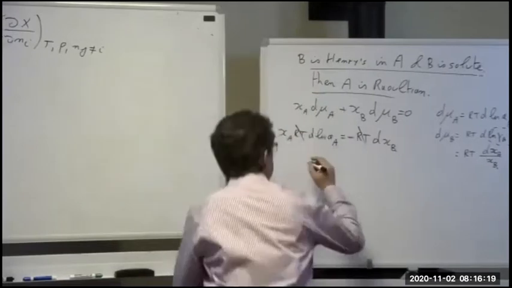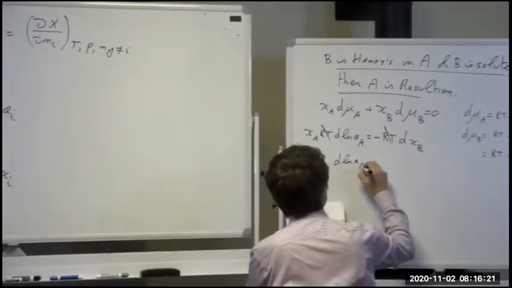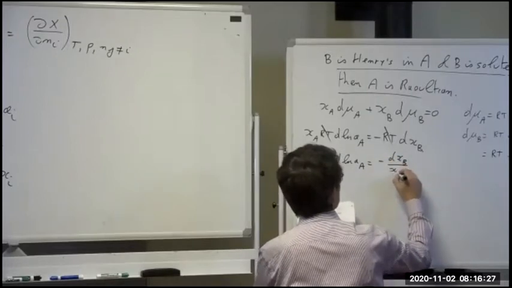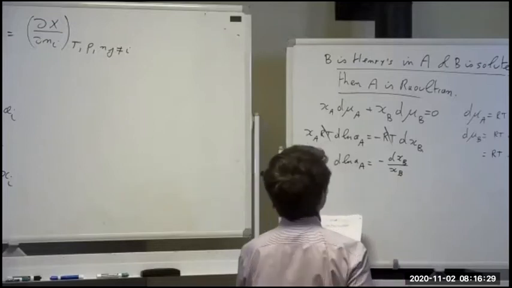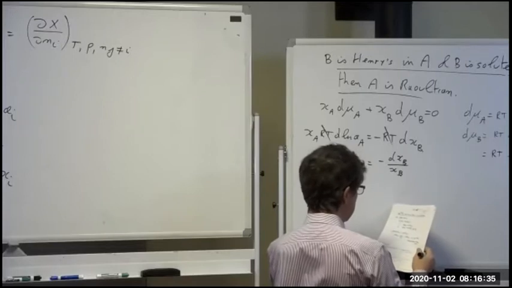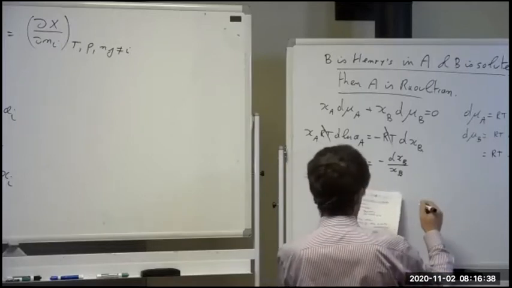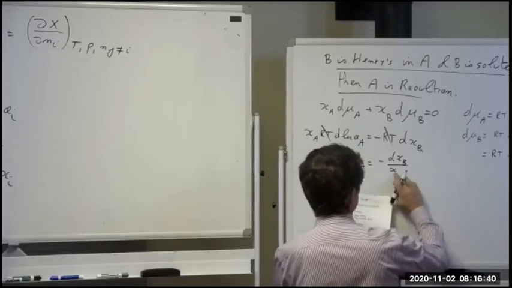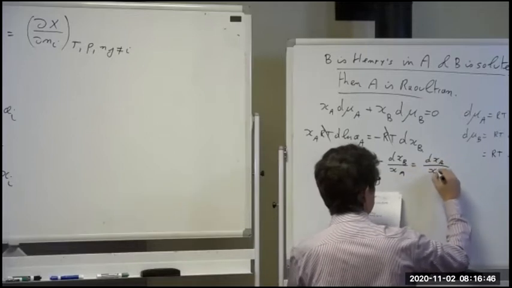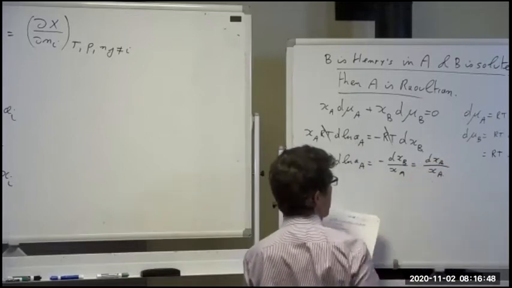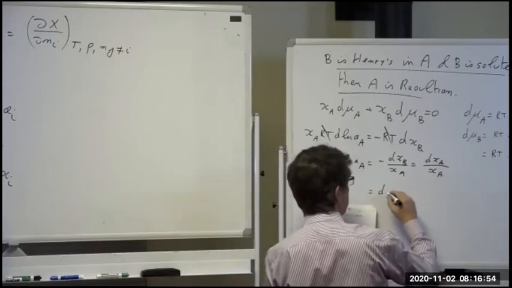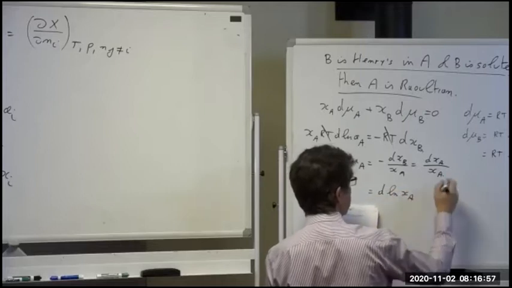I find now that d log the activity of A is minus dx_B over x_B. Sorry, this is x_A. And this is dx_A over x_A, right? Because dx_B has to be minus dx_A for compositions. So this is equal to the differential of the log of x_A, right?